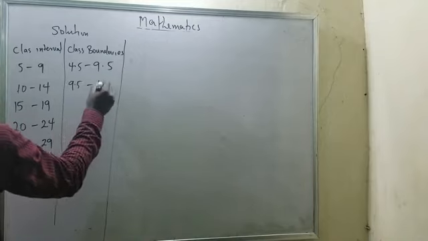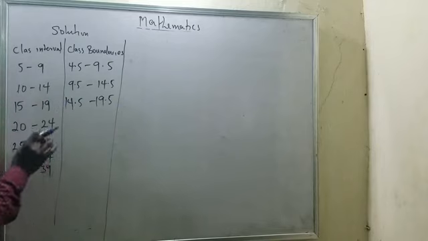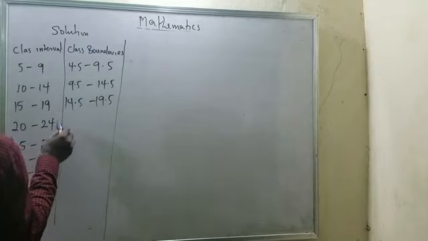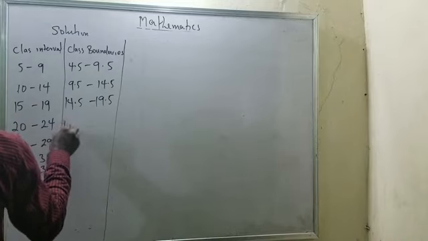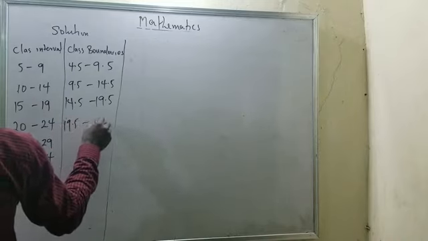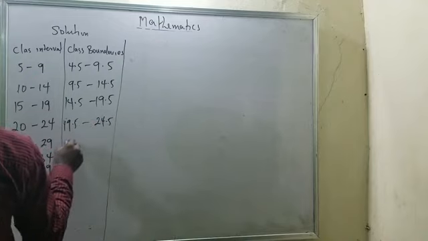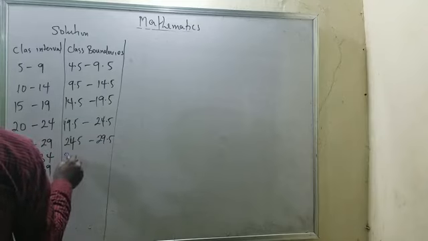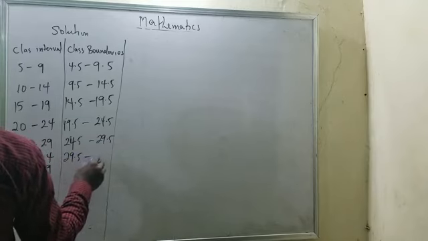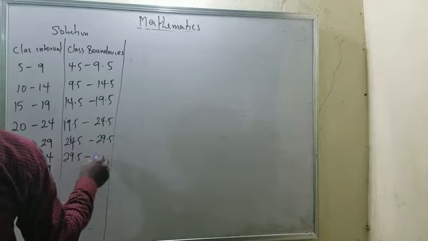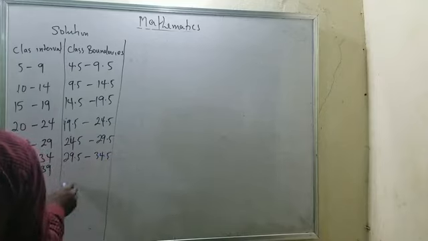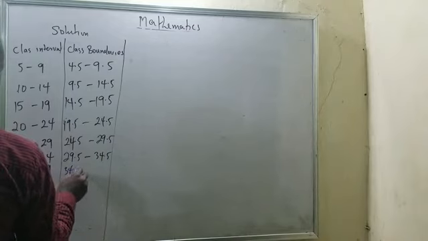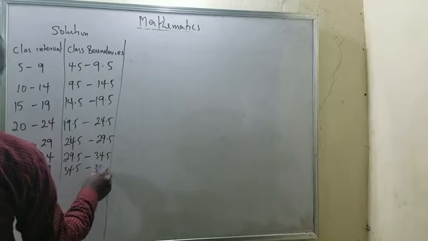I'm taking away and also adding: take away half from the lower class limit and add half to the upper class limit. Then 19.5 to 24.5, 24.5 to 29.5, 29.5 to 34.5, and lastly 34.5 to 39.5.